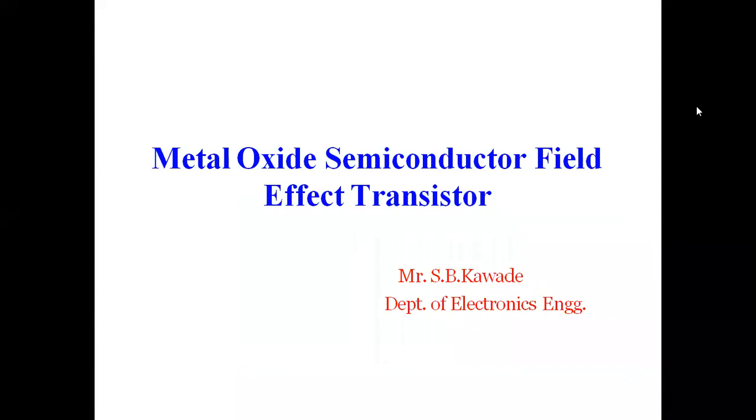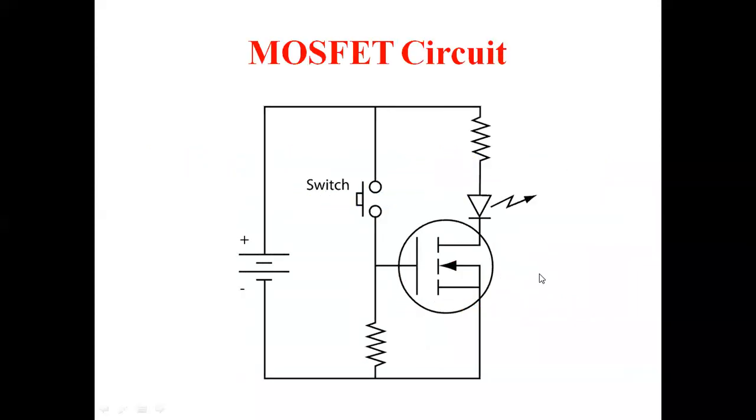Okay. So now this is the MOSFET circuit. All of you know the use of the MOSFET circuit, right? So till now we have understood the MOS transistor theory, right?